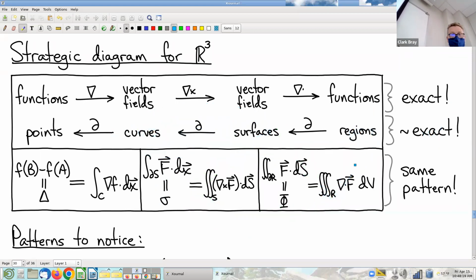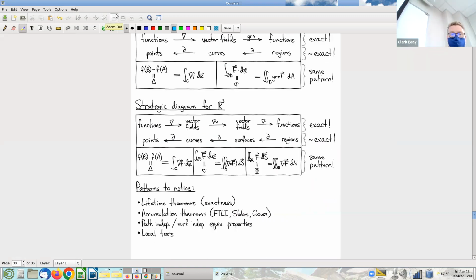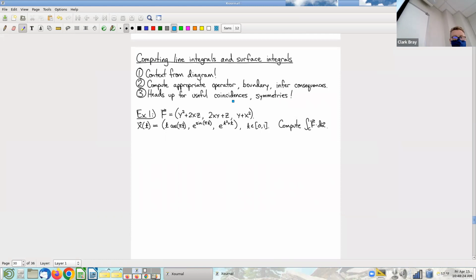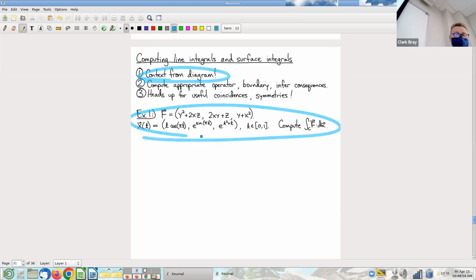Okie dokie. So we are actually done for the moment with chapter 7. There are a bunch of examples that I put in the notes to follow. These are intended as supplemental examples. I'm going to record discussions of all these supplemental examples this weekend, and I'll post those recordings very soon. Basically, we're going to use the diagram to come up with ideas of how we might analyze various questions about line integrals and surface integrals.